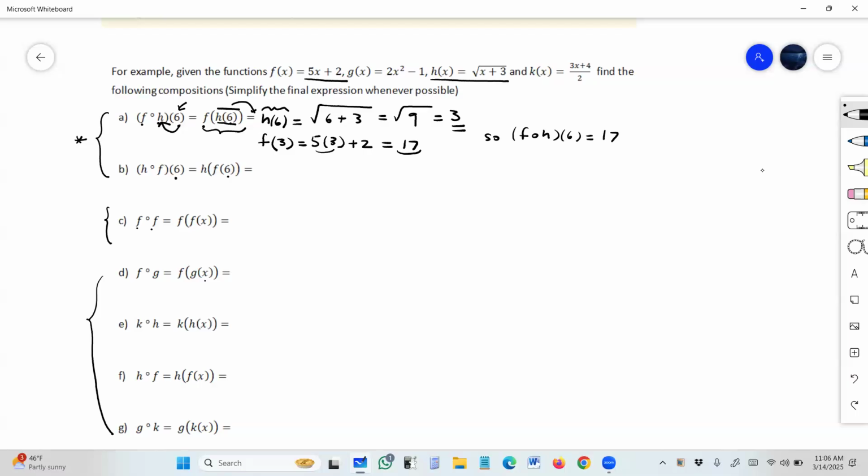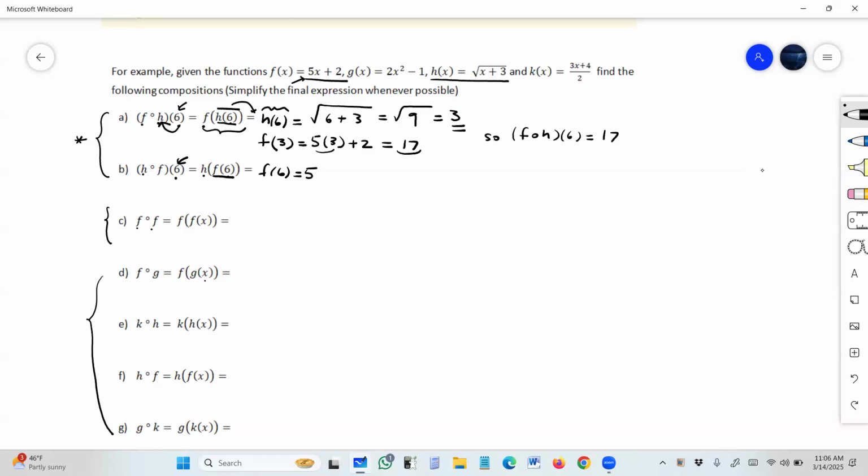Now let's do the exact same thing, but instead of f compose h, let's do h compose f at 6 and see what answer we get. h compose f is h at f of x, and because I'm doing it at a specific value, it is h of f of 6. First I find f of 6 using the function up here.